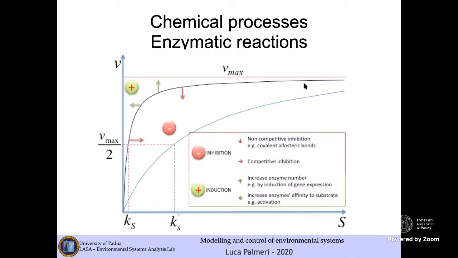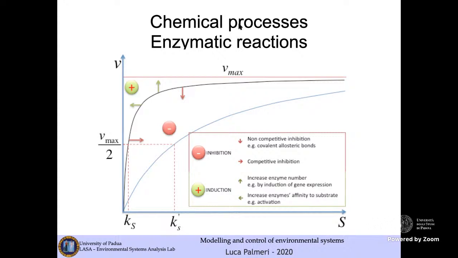Instead, there is a kind of saturation behavior in which you have an increase in the chemical reaction speed up to a limit that is called the maximum possible reaction rate. The maximum possible reaction rate depends on the particular organisms and on the context in which these organisms are embedded.